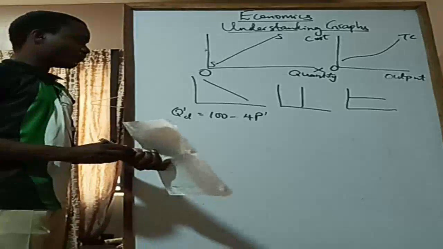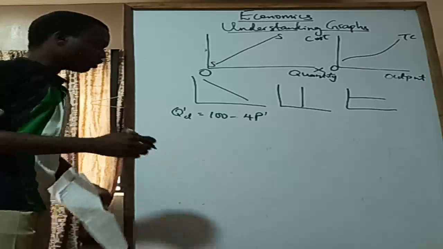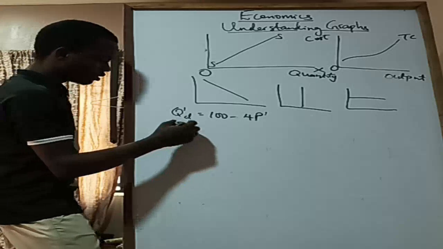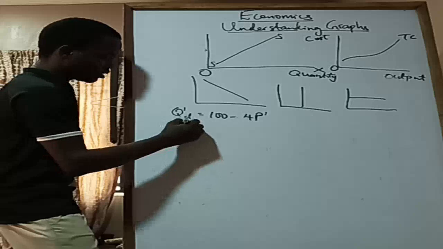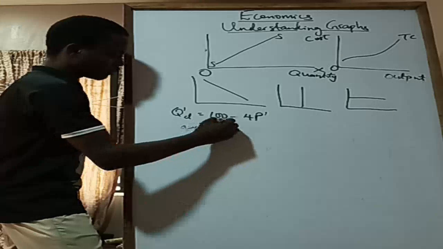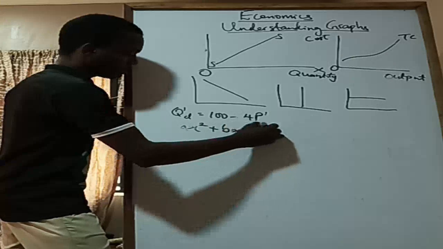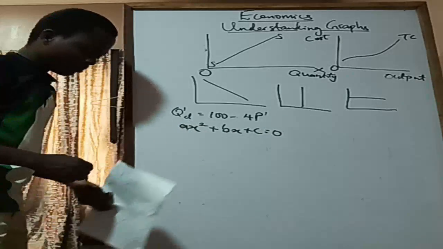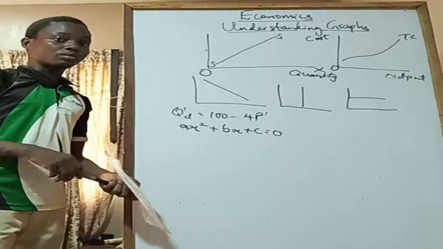What if you have this, for example? You must be used to something like ax squared plus bx plus c equals 0. Ax squared plus bx plus c is a second degree polynomial, right?